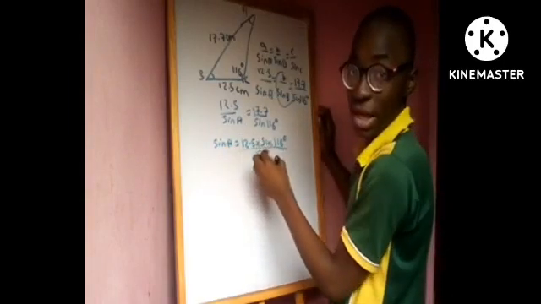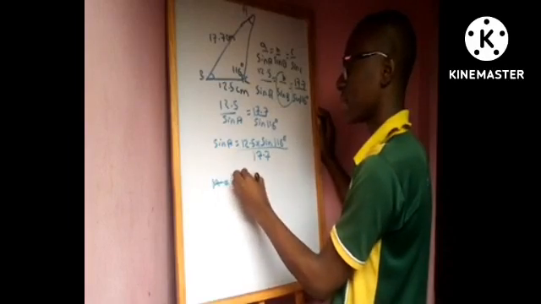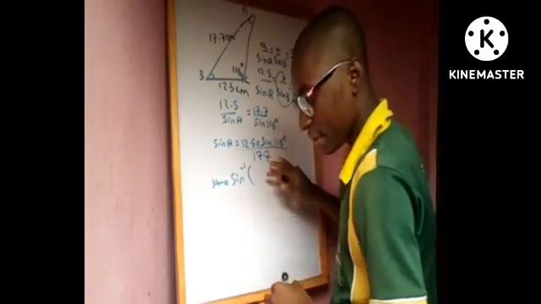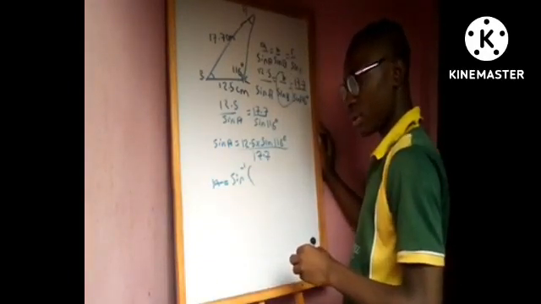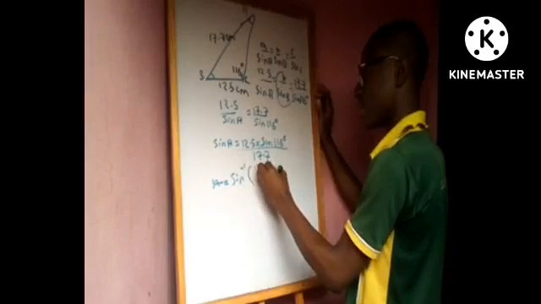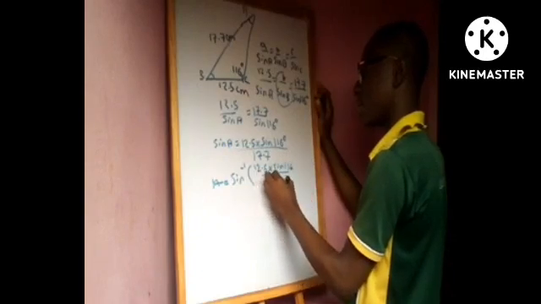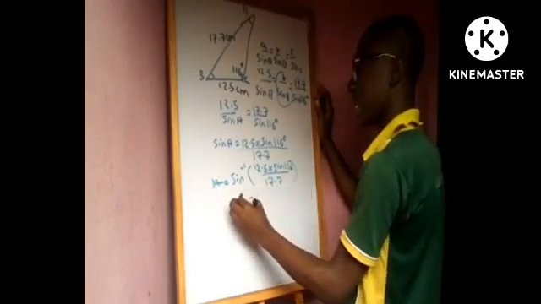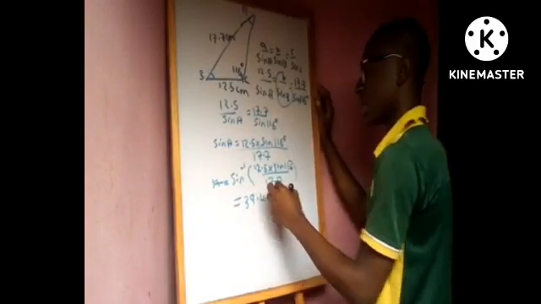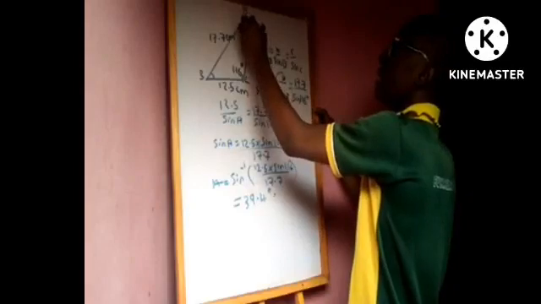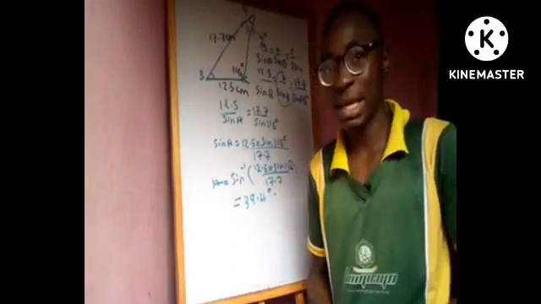So if we take the sine inverse of this, A will be equal to the sine inverse of 12.5 times sine 116 divided by 17.7. The sine inverse of this will give us 39.4 degrees. That would be the value of angle A, 39.4 degrees.